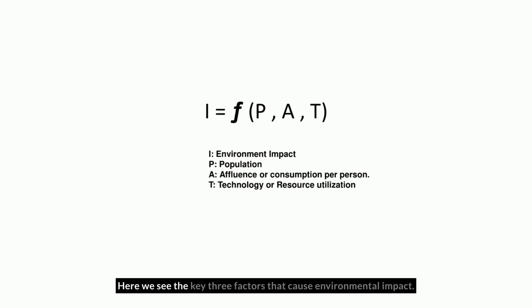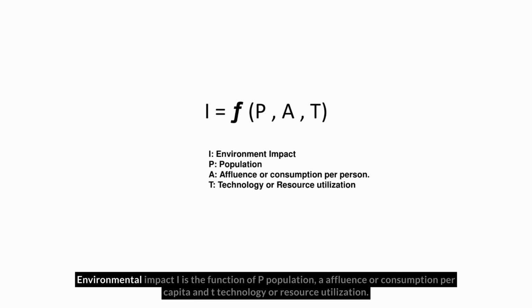Here, we see the key three factors that cause environmental impact. Environmental impact, I, is the function of P, population, A, affluence or consumption per capita, and T, technology or resource utilization. As the population grows, environmental impacts naturally increase. Likewise, when consumption per capita increases, environmental impact increases, even if technology becomes more efficient.